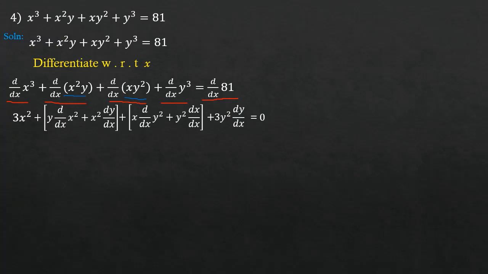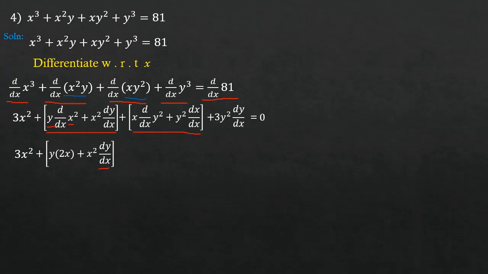Now we have to simplify these brackets and then recollect the terms. So 3x square as it is, the derivative of x square with respect to x is 2x, multiplied by y gives 2xy, plus x square as it is, derivative of y is dy by dx.